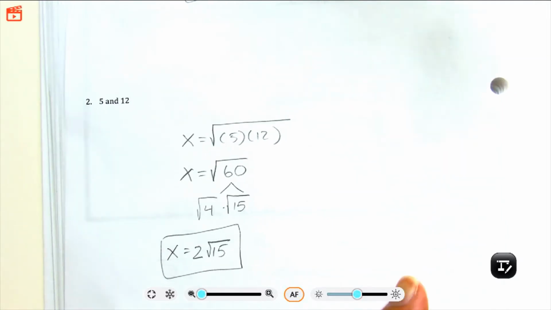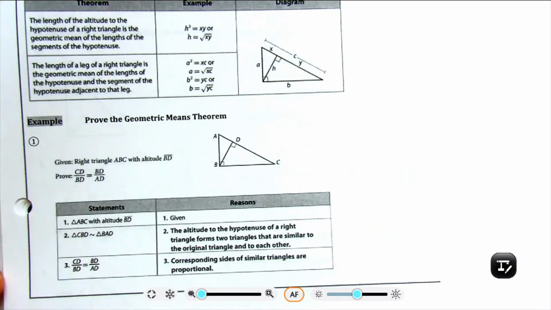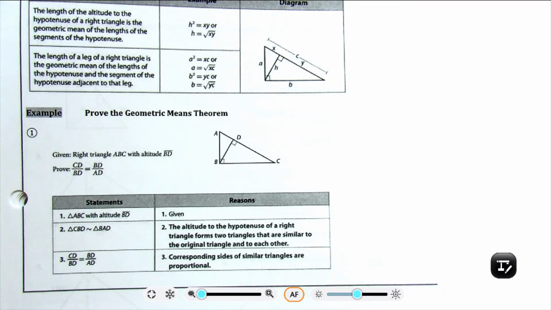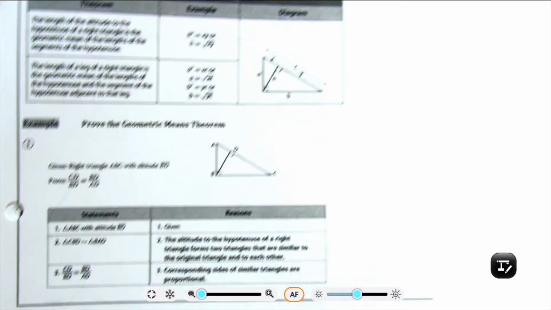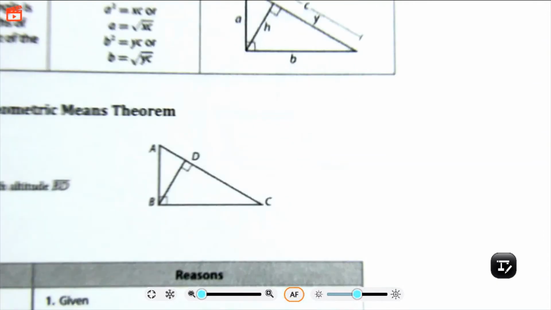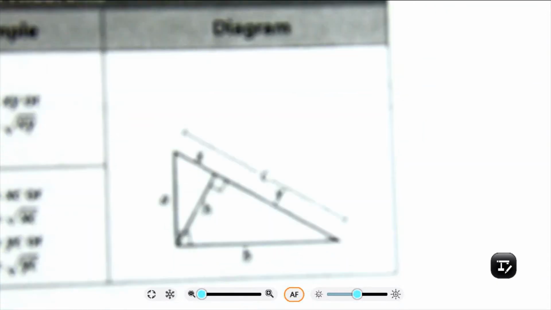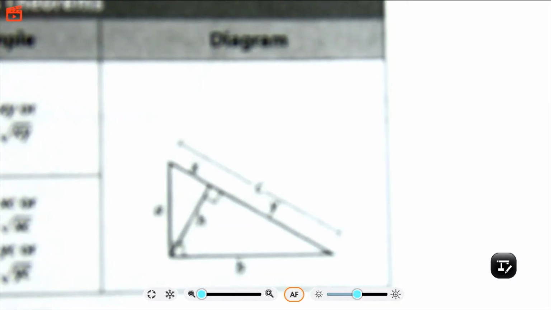Okay, moving on. Now we're going to be looking at the geometric mean theorems. Let me zoom into this diagram here.